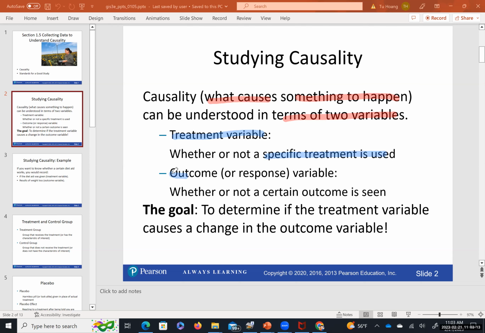Another one is the outcome or response variable, and it's whether or not a certain outcome is seen. So the goal here is to determine if the treatment variable causes a change in the outcome variable.